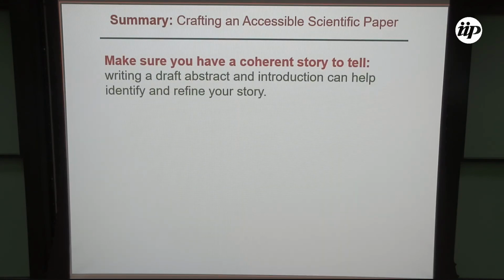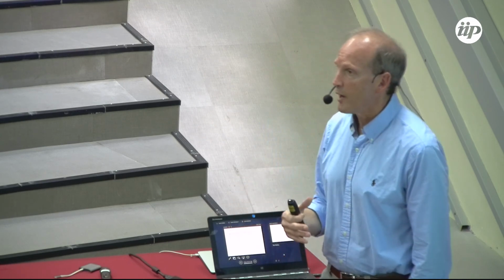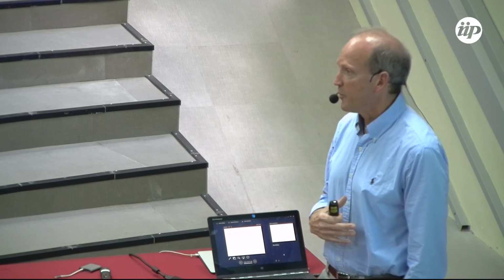So just to conclude, the main points are that you want to start with a coherent story. Of course, that's probably the most important thing to make sure you can do. One way of doing that is to try to start simple. Start with the simple abstract, which is a much shorter but completely self-contained part of the paper.